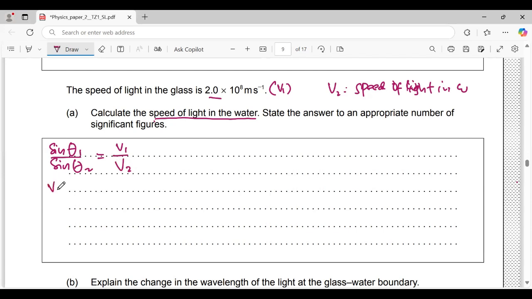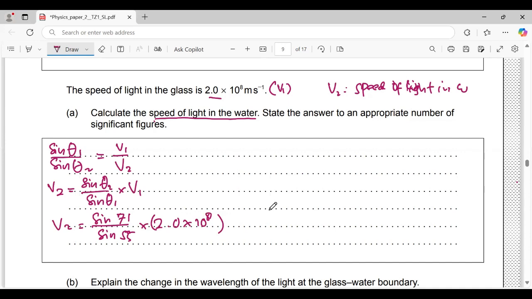If V2 is the subject, we can rearrange this formula and it becomes V2 equal sine theta 2 over sine theta 1 times V1, I mean sine 71 over sine 55 times V1, which is 2.0 times 10 power 8.